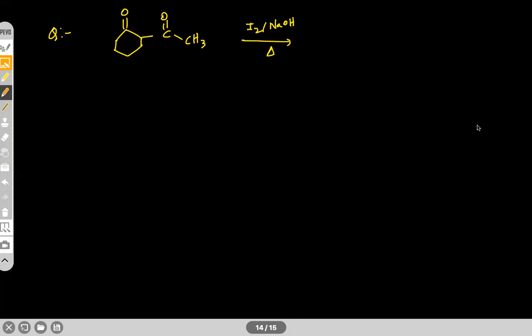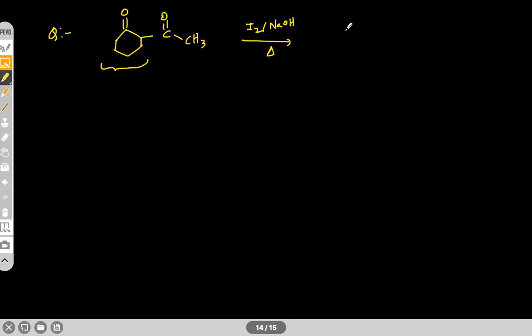Cyclohexanone and carbon dioxide. Let's see this. Obviously we have COCH3 here. So this group shows the iodoform test, and you can consider this as the R group, right?